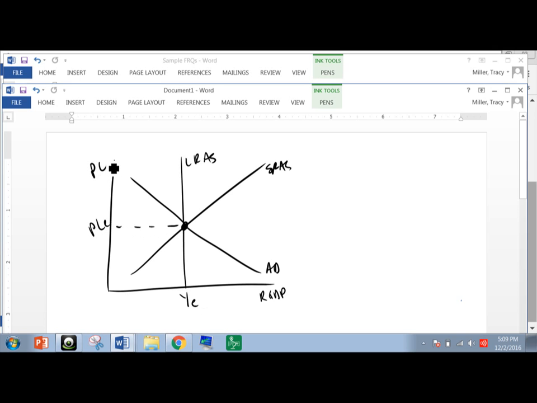We've got price level up here. The drop in consumer confidence is going to push this aggregate demand to the left. And I believe we were to label this PL1 and Y1. Forgive me for how messy that graph is, because writing on the screen is kind of difficult to do neatly. So that's what we're looking for.